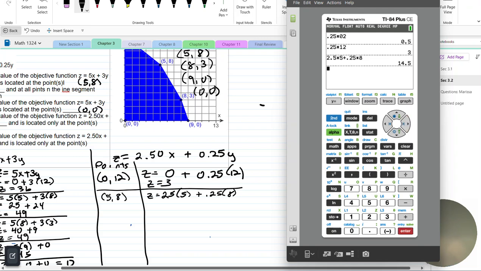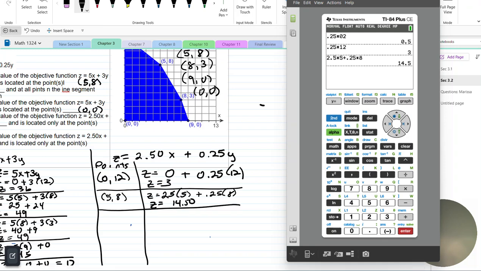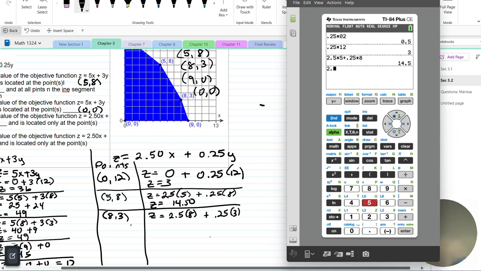Now I can enter. My next one is 8/3. 2.5 times 8 plus 0.25 times 3. 20.75.